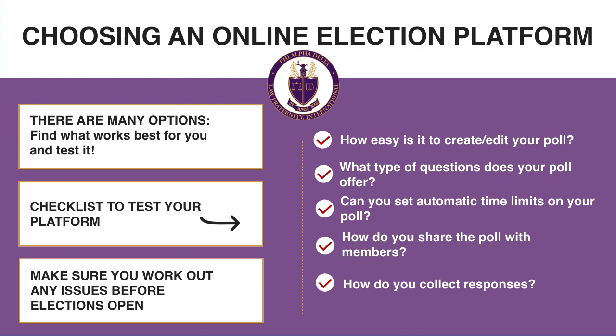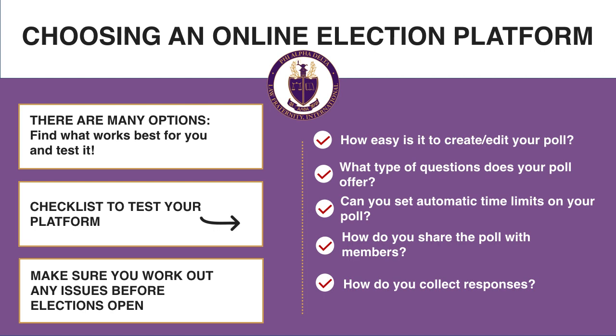Next, what type of questions does your poll offer? Are you able to add a write-in option? Can the system limit the number of candidates a voter can choose for a particular office? Can you set automatic time limits on your poll? Will the poll open and close automatically, or will you need to do that manually?